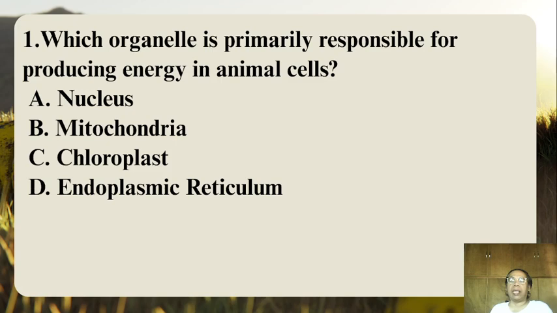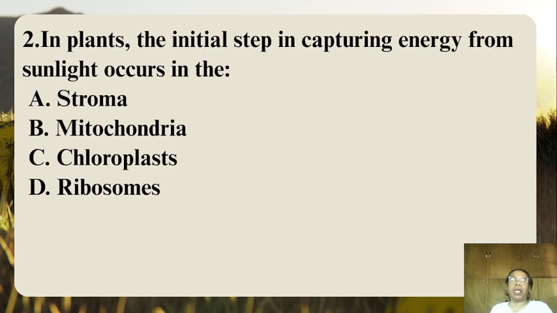Letter C, chloroplast. Letter D, endoplasmic reticulum. MCQ number 2. In plants, the initial step in capturing energy from sunlight occurs in the A. Stroma, B. Mitochondria, C. Chloroplast, letter D. Ribosomes.